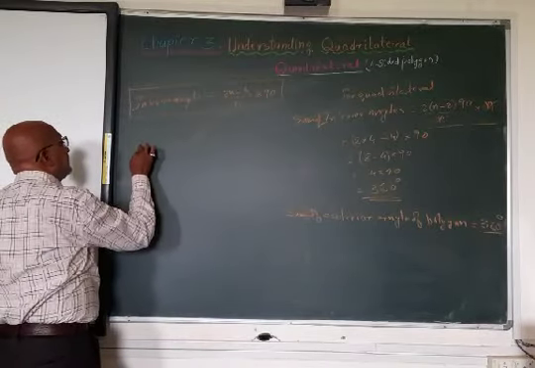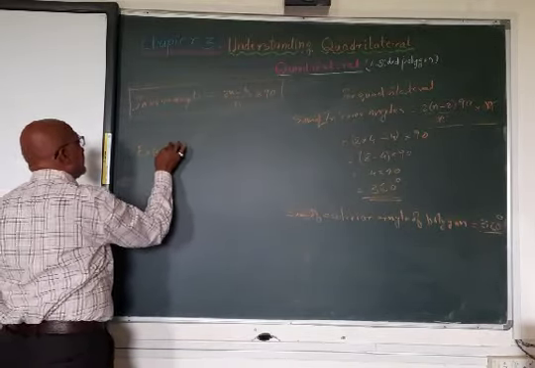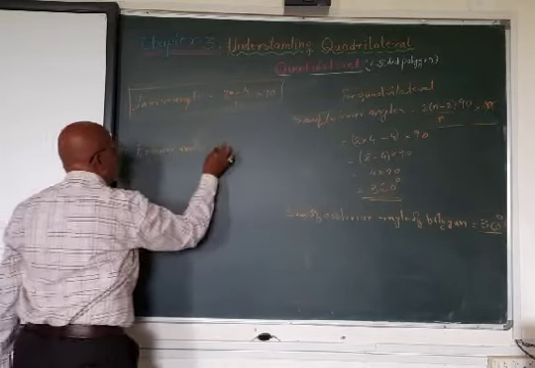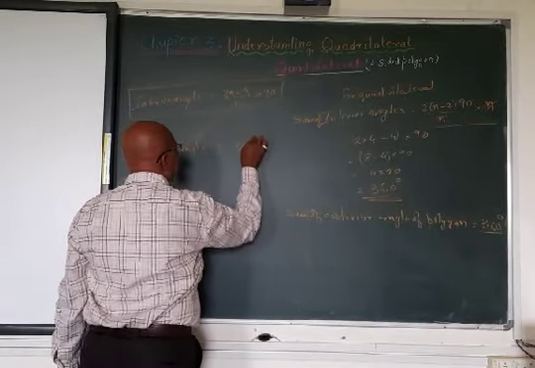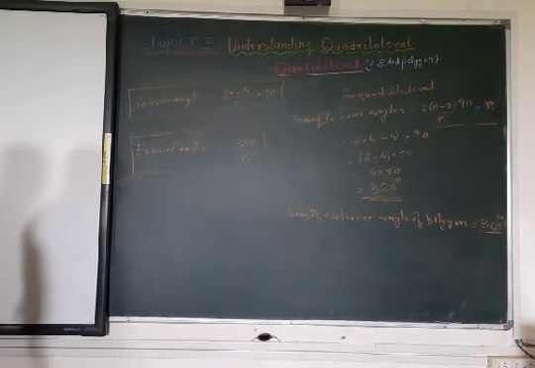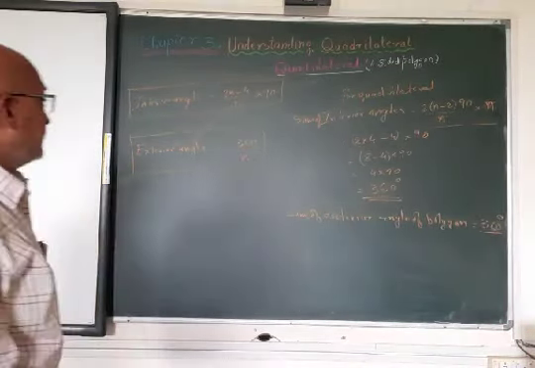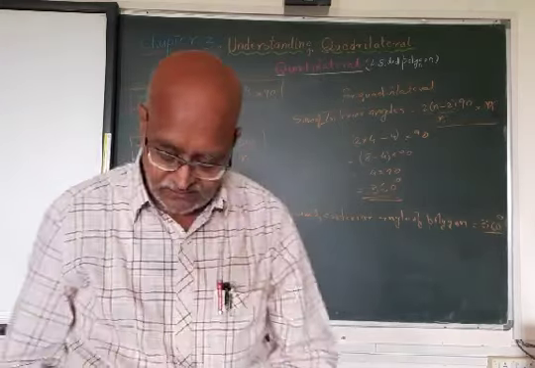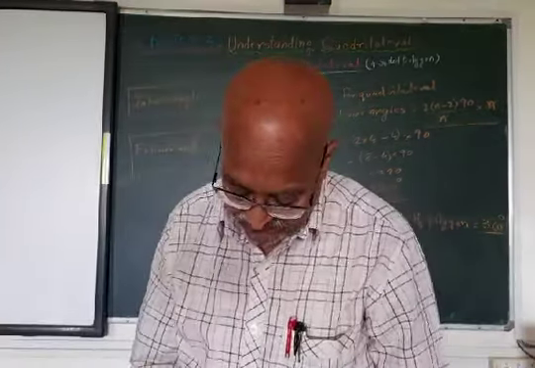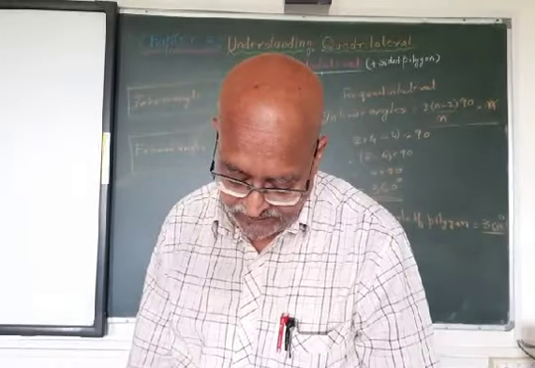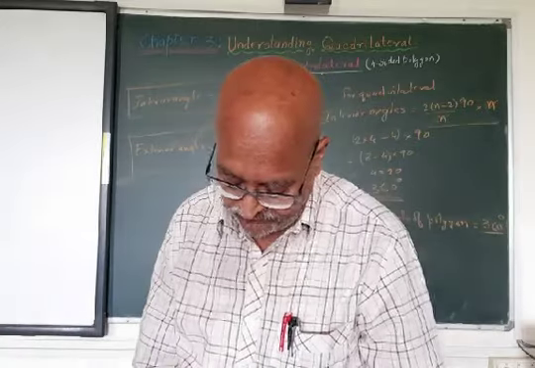And the exterior angle equal to 360 upon n. So these two things you have to remember, very important. When you remember these two things, it will be very easy for you to solve anything in this chapter. Got it clear?